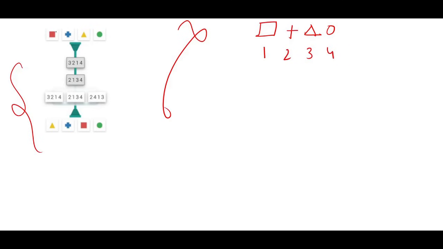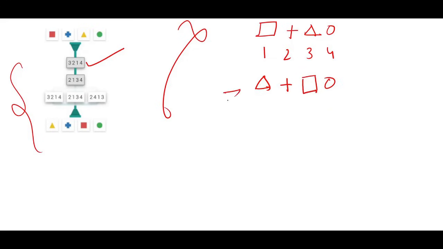Now they are saying 3 2 1 4. So now we need to arrange the symbols in the order of 3 2 1 4. First there will be 3, so there will be triangle, then 2, then plus, then 1, that would be square, and then 4, then it would be circle.